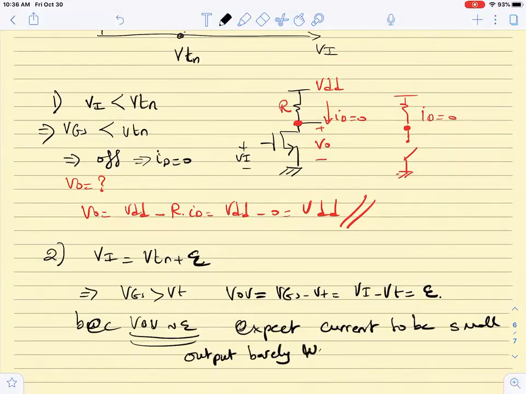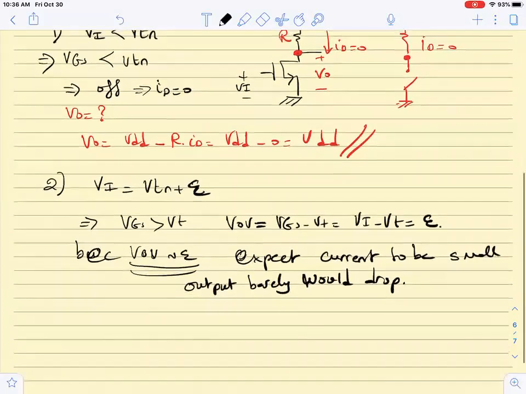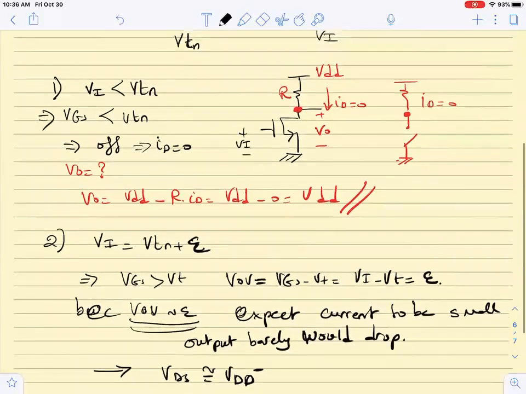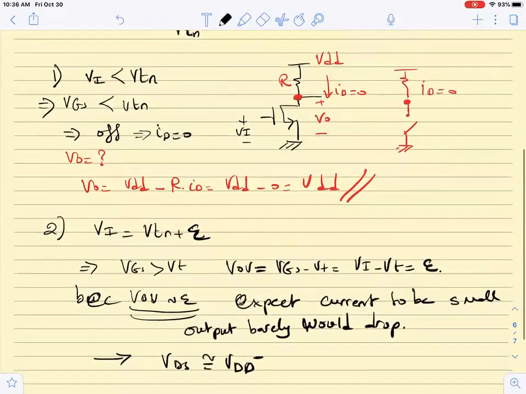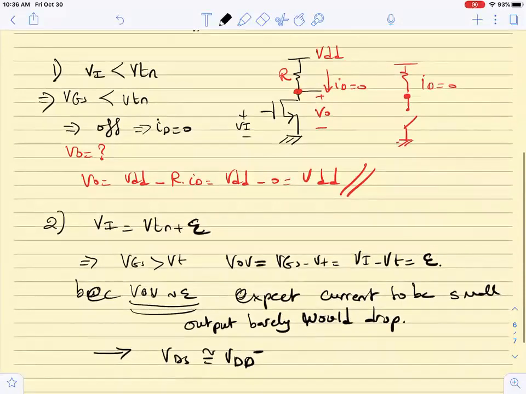It would barely drop. This means VDS will drop a little bit and will be approximately a little bit below VDD. With low current, we pulled the output down only slightly, so very little delta across the resistor. So the current differs a tiny bit from zero.